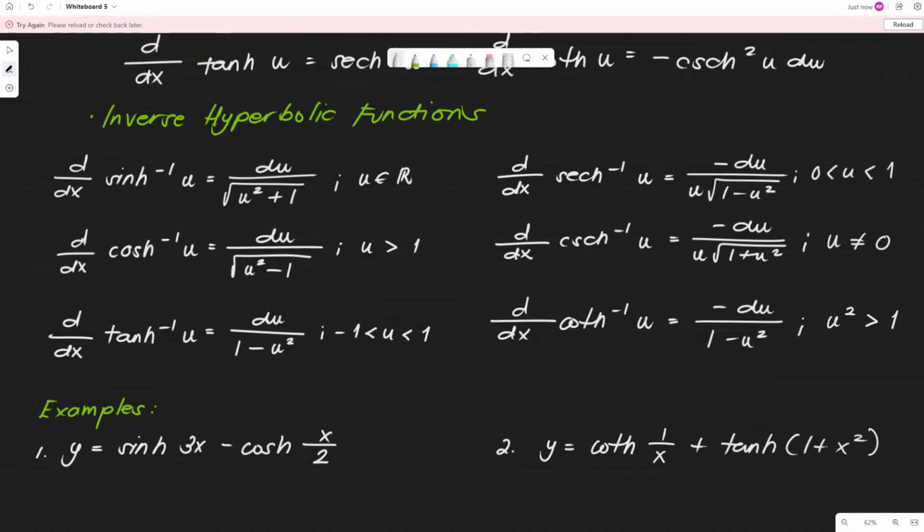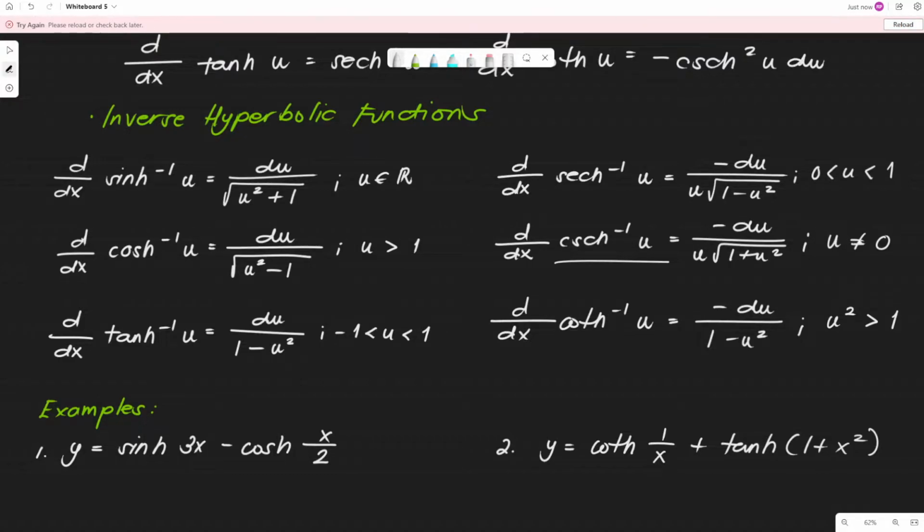So, ibig sabihin, for example, nagkaroon tayo ng initial value problem, x is equal to 0, pero ang tanong is, we are asked to find the derivative of, let's say, inverse hyperbolic cosecant x. Pero ang value ng x mo nga, sabi dun sa initial value problem is equal to 0, meaning wala siyang derivative.